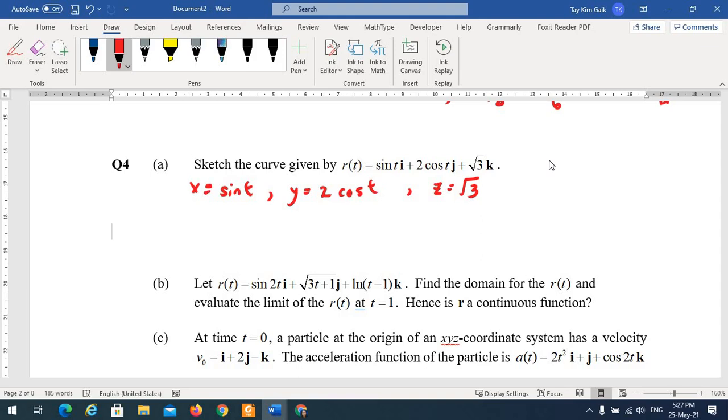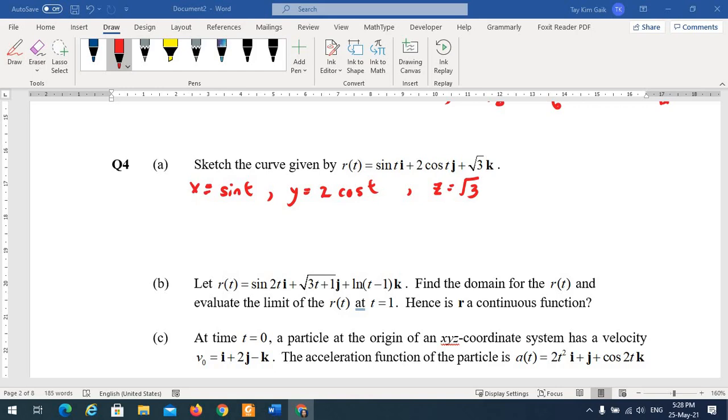So, from you have sin t, cos t. Normally, can you guess which graph you get, circle or ellipse? Ellipse. If the coefficients for this is 1 sin t, this is 2 cos t, then you get an ellipse. If the coefficient is the same, you will get a circle.